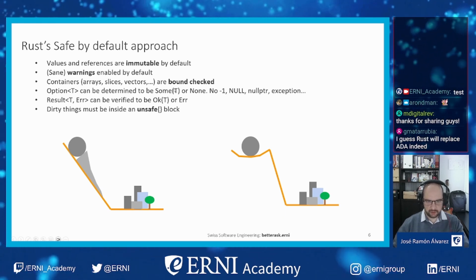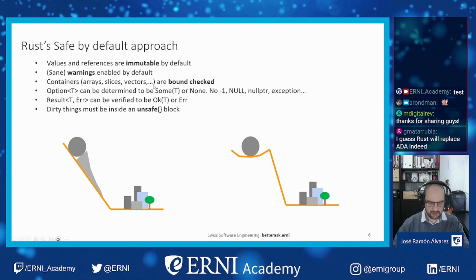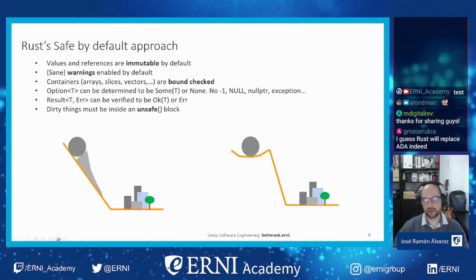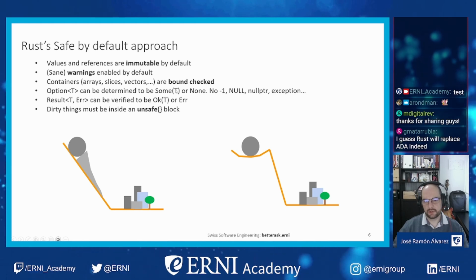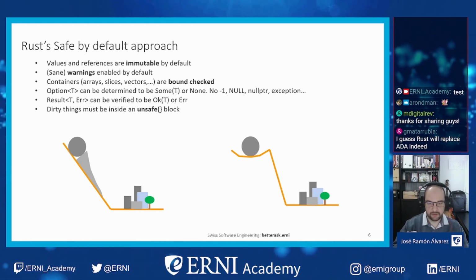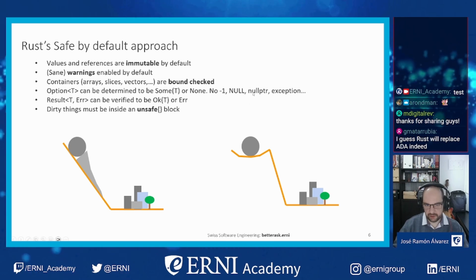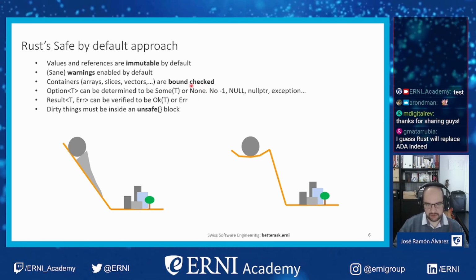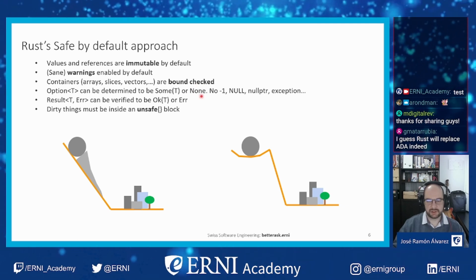When we have a function that may return a value or not, for example, think about a hash map. You query a hash map and you may get a value or maybe not, if it is not contained. If it's not contained, we are going to get a well-defined value which is called None in the Rust language.